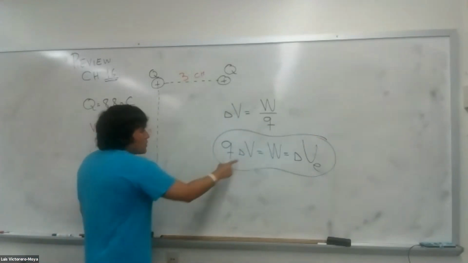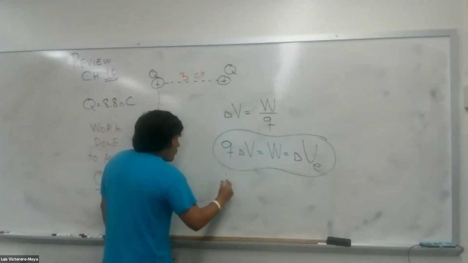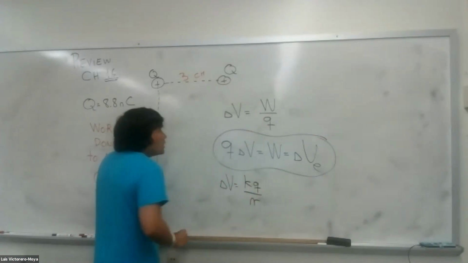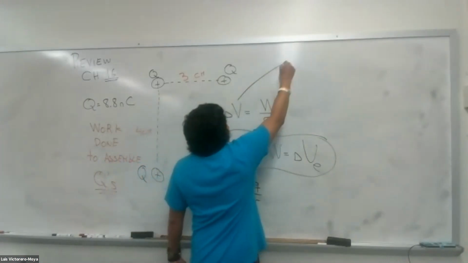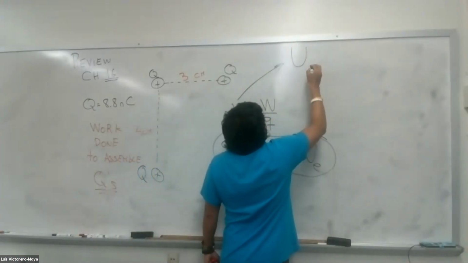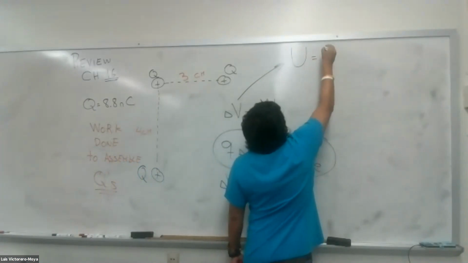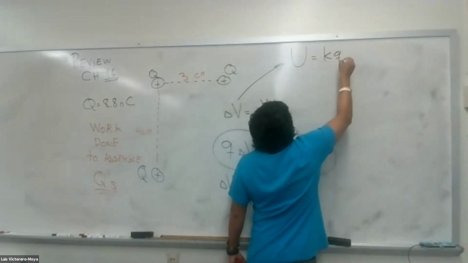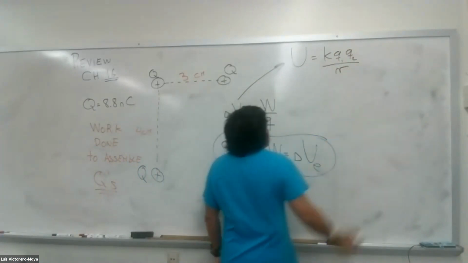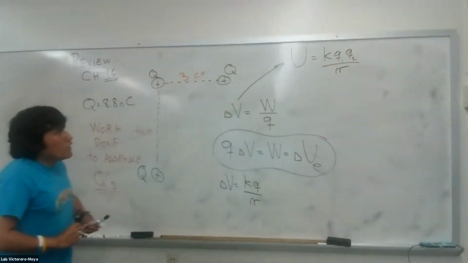But what is the electric potential? For a point charge, these are point charges, it is KQ over R. So we proved in the lecture last week that the energy between charges is K Q1 Q2 over the distance between the charges. We know that.